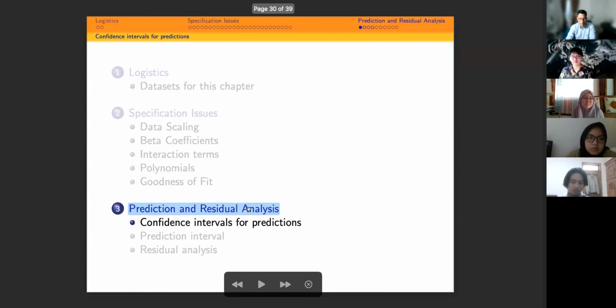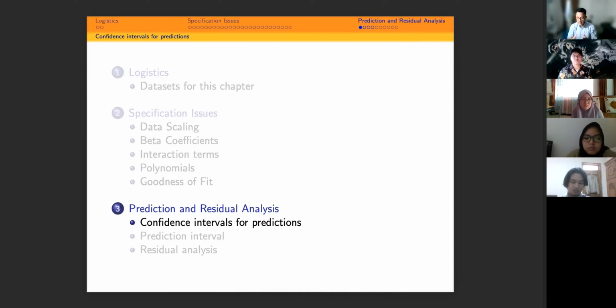prediction and residual analysis. Okay, so far, we estimated the coefficients, and then given the coefficients, we can actually predict the value of the dependent variable. Suppose that we observe an individual with college education who's worked for 20 years, and who is a male, married with 2 children, who lives in the West, and works in the manufacturing sector as a manager, for example.